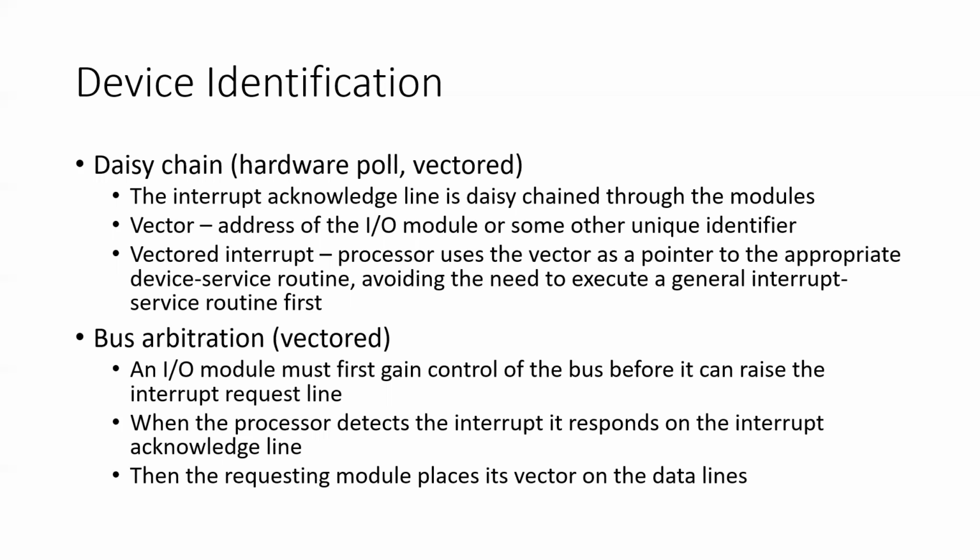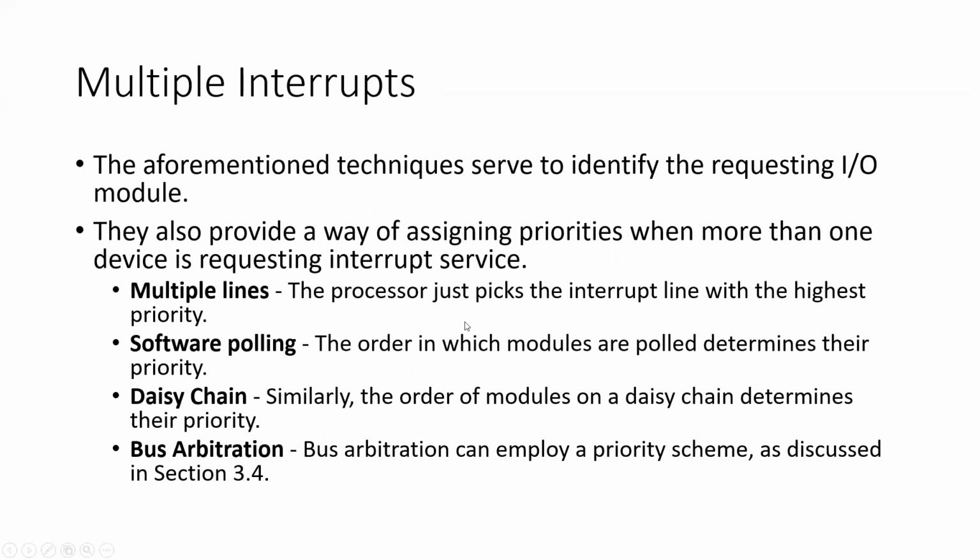So we don't need to execute a general interrupt routine first. The other one is bus arbitration, where an IO module needs to gain control of the bus before it can raise the interrupt request line. When the processor detects the interrupt, it responds on the interrupt acknowledge line. Then the requesting module places its vector on the data lines.